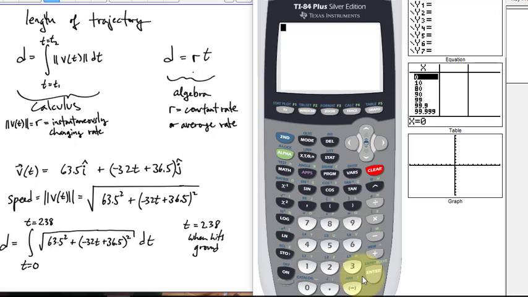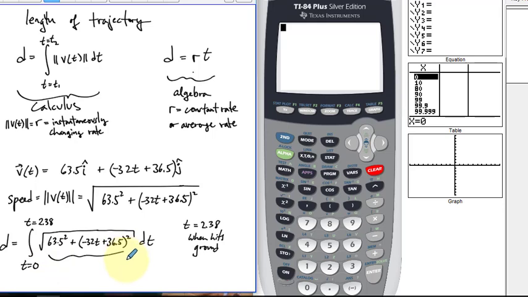Okay, so now I've got my TI-84 here, so I can type in this. This function, remember, is speed. This is the speed, magnitude of the velocity. And that's what I'm going to type into the Y editor and try to visualize that graph of speed over time.